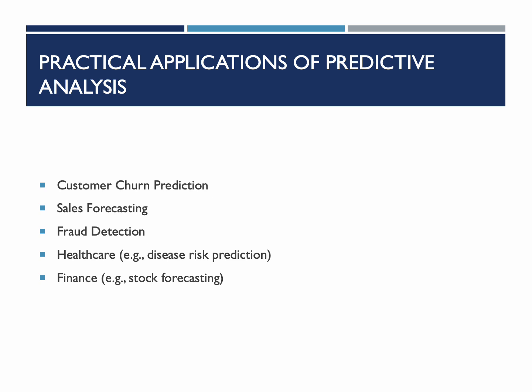Then we have fraud detection. In the finance and insurance sectors, fraud detection is a key application of predictive analysis. It can analyze transaction data and detect patterns that may indicate fraud, that can be suspicious.